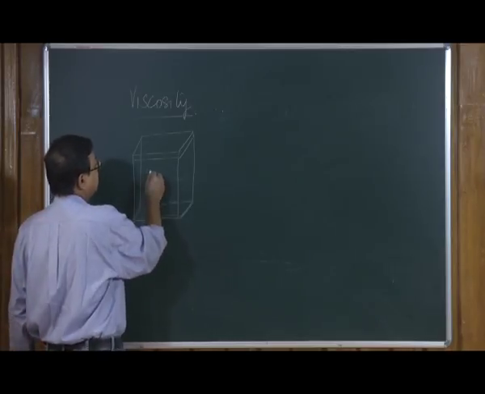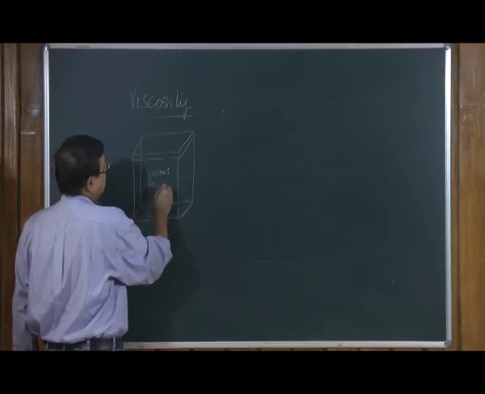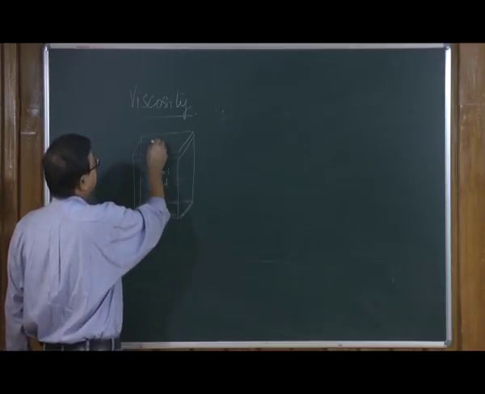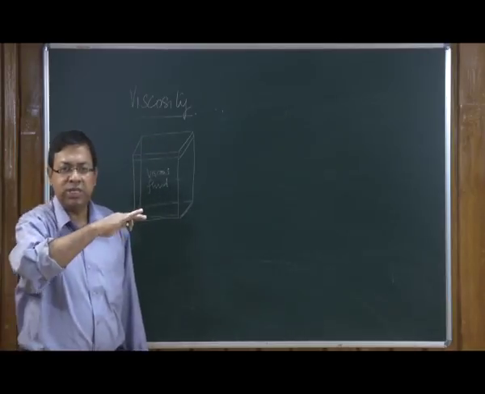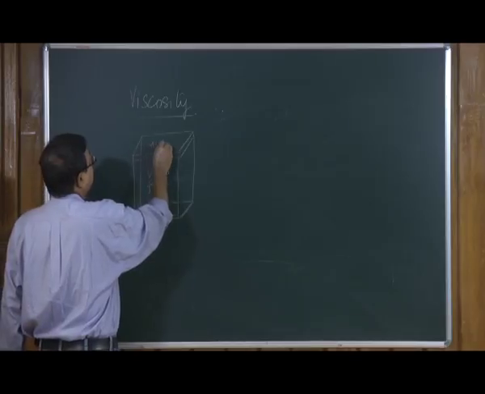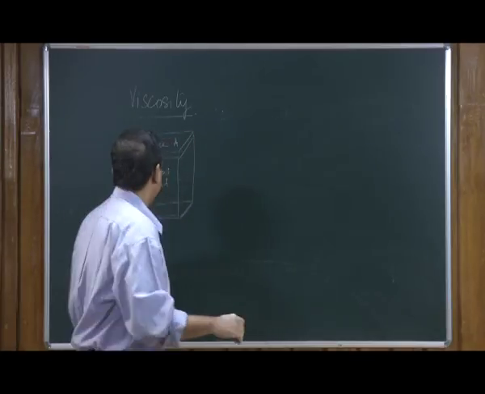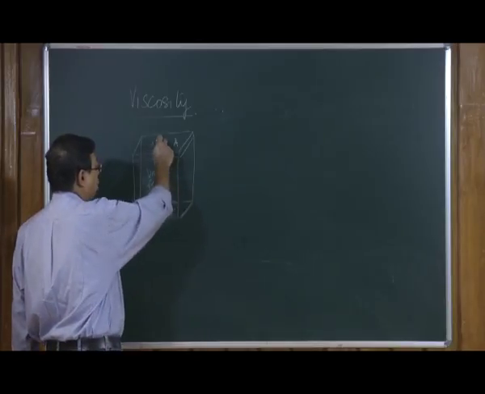There is a viscous fluid enclosed here between two slabs of area A, the cross sectional area A for both the top and the bottom.